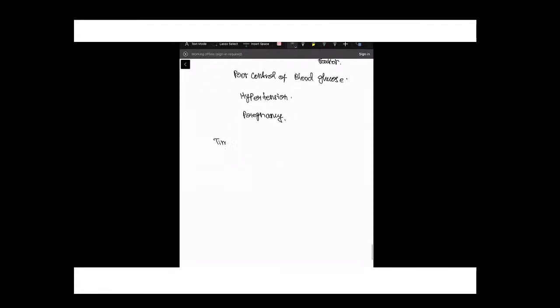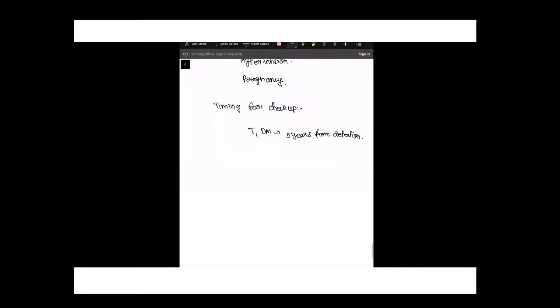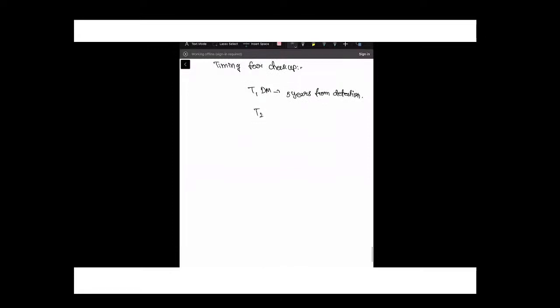Timing for checkup: if there is type 1 diabetes mellitus, 5 years from detection, and type 2 diabetes, immediately it should be checked.